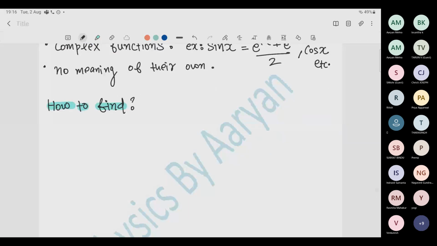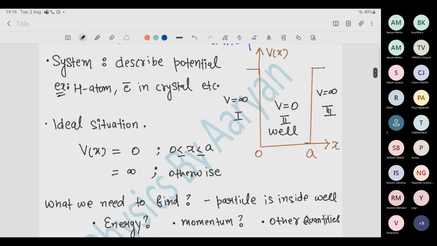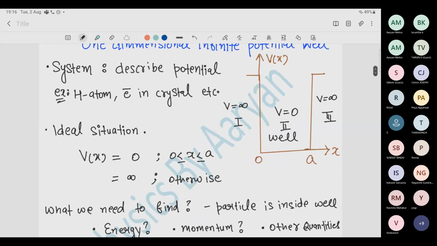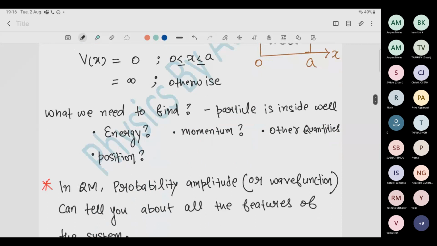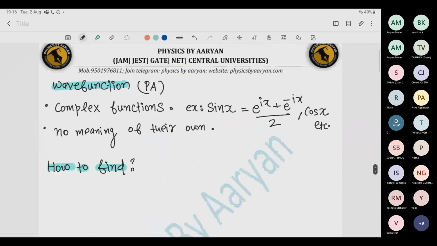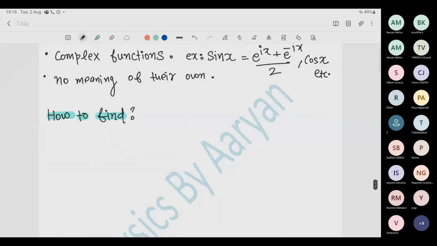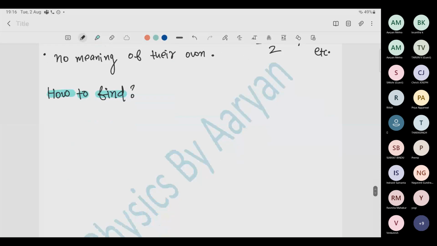First of all, it is a one-dimensional problem. My potential here, you can see, is only along the x-axis, meaning I'm only talking about the x-axis right now. So I am dealing with this entire problem in one dimension, so my wave function will also be in one dimension. Simple, because I am not taking x, y, and z directions.